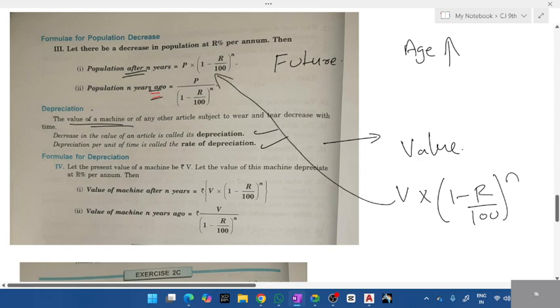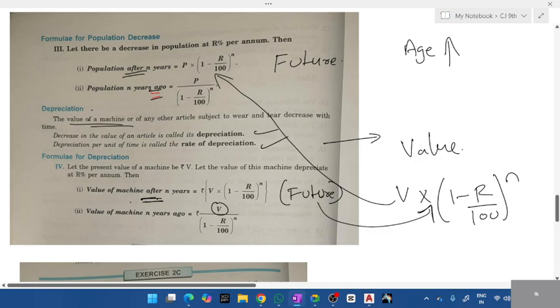Whichever decreases, depreciation, everything is minus. And look here, after is future. So for future, what kind of calculation? Do you multiply or divide? We multiply. Yes. For past tense, we divide. And the meaning of V here, V is value of machine.